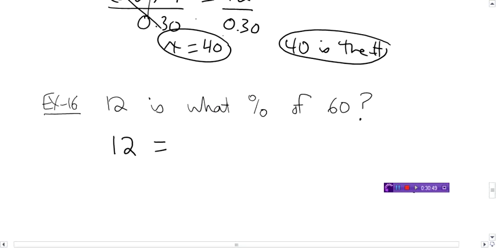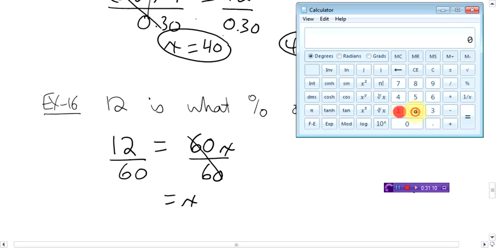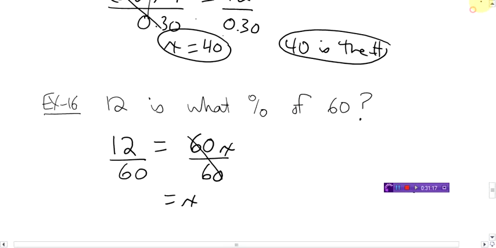Remember, when you're multiplying, the number should go first. 12 equals what percent, that's the unknown part, of 60. Let's get the x by itself, divide by 60. The 60s are gone, you're left with x. 12 divided by 60 is 0.2.